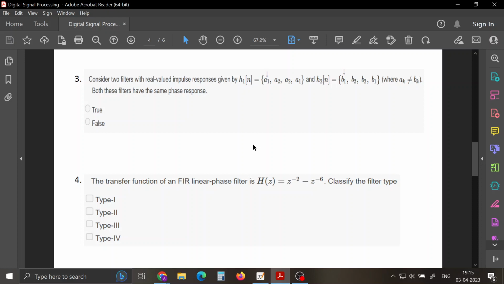So this phase response, it was proven, is only dependent on the length capital N.